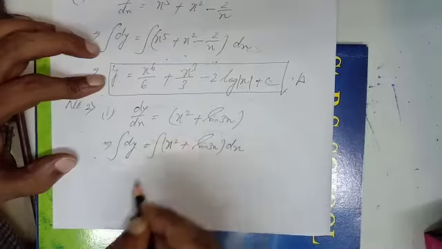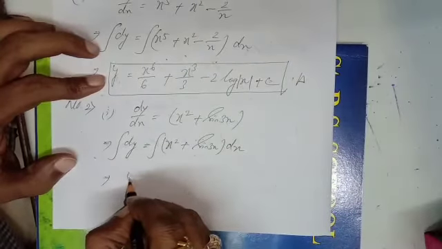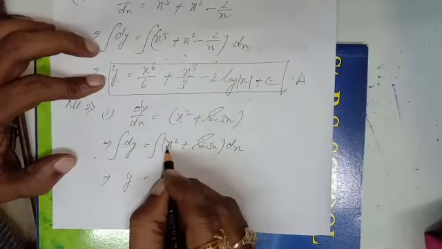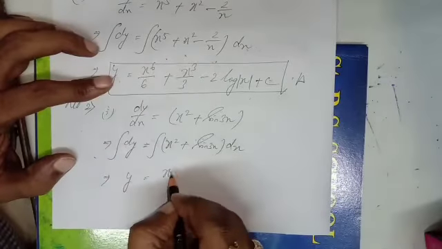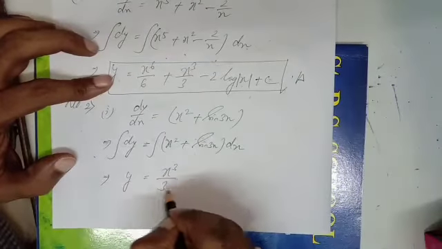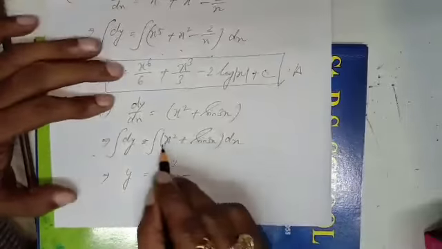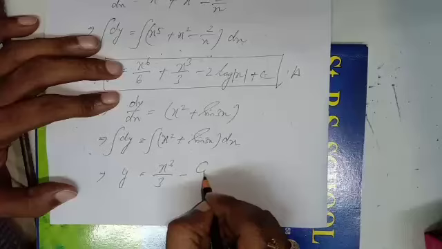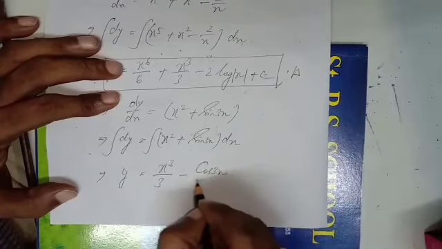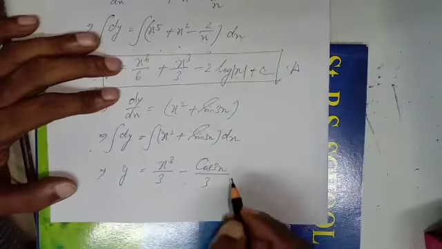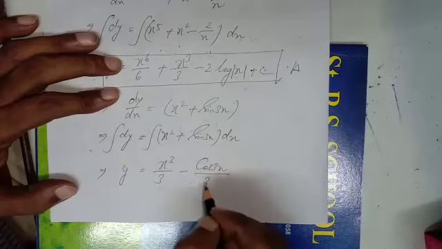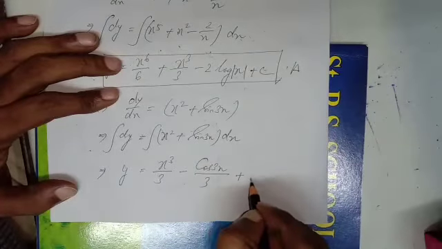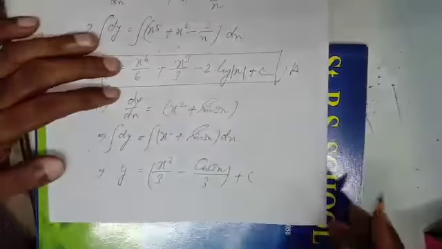Integrating both sides. So what is the integration of dy? That is y. What is the integration of x square dx? That will be x cube by 3. The integration of sin 3x dx will be minus cos 3x by 3, because the coefficient of x is divided, and plus you have to write the constant.